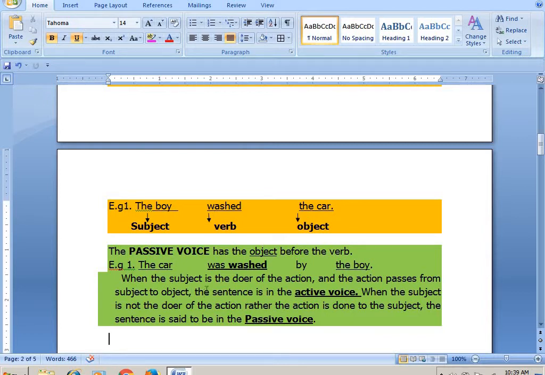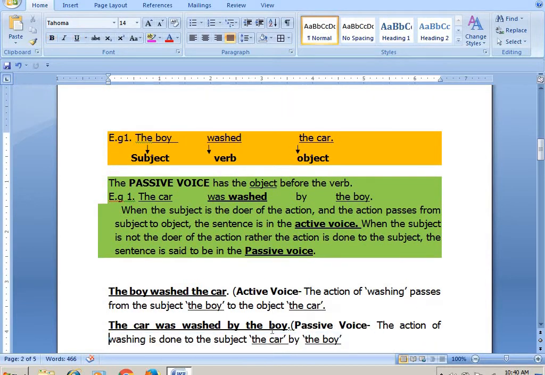So, when the subject is the doer of the action and the action passes from subject to object, the sentence is in the active voice. When the subject is not the doer of the action, rather the action is done to the subject, the sentence is said to be in the passive voice. So, I suppose you have understood this. The other day also I explained it to you.